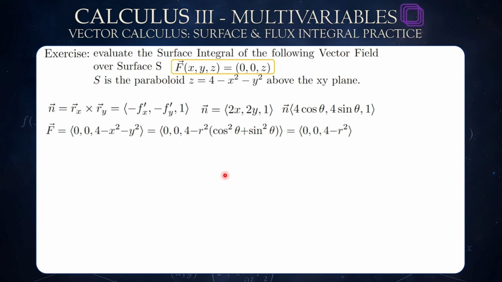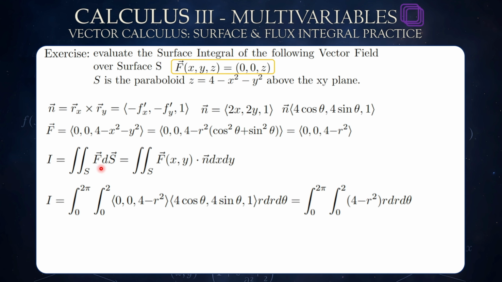So we have all the components needed. Let's integrate. I equals the double integral over S of F dot n dx dy, which is equal to the integral from 0 to 2 pi, 0 to 2 for the radius, of (0, 0, 4 minus r square) dot n, which is (4 cosine theta, 4 sine theta, and 1).